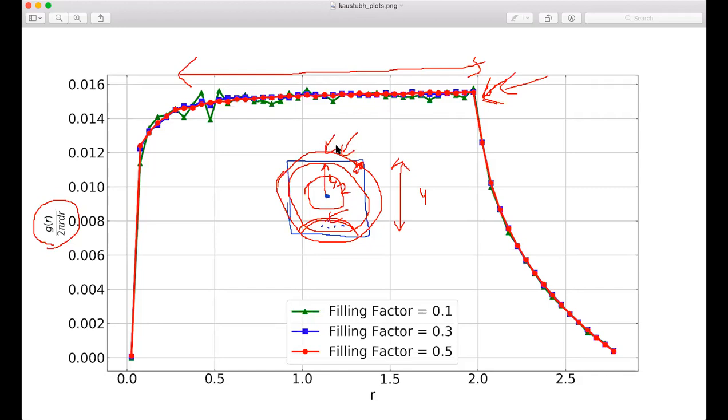So I'll look at all these particles and then see what is the shortest distance between this particle and those particles. So I don't discount anything. No, you don't.